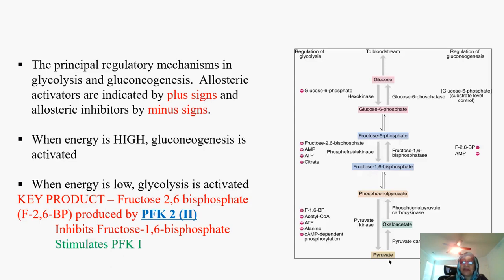So it will activate the process of glycolysis, and that's an indication of what? If activating glycolysis, that means we do have carbohydrates. So that's why it's an inhibitor of gluconeogenesis, because whenever our cells are synthesizing this molecule, it's a great indication of presence of carbohydrates or presence of glucose. So it activates glycolysis and inhibits gluconeogenesis.